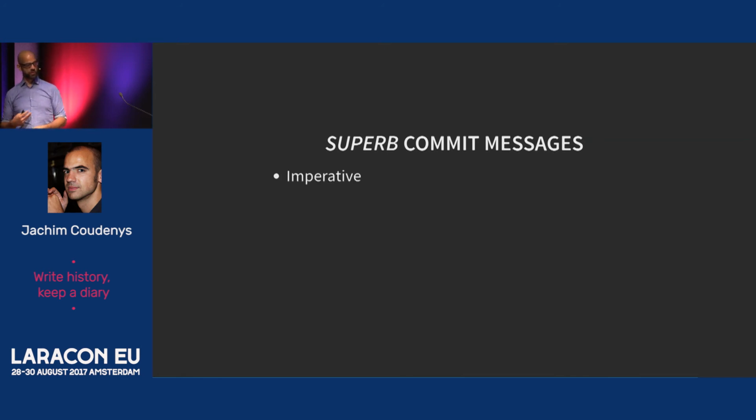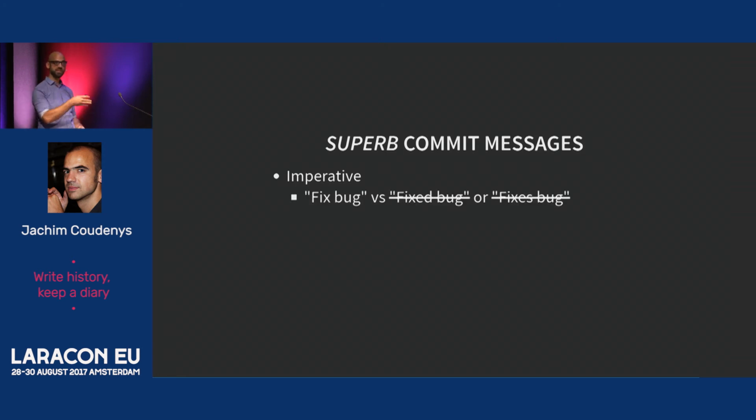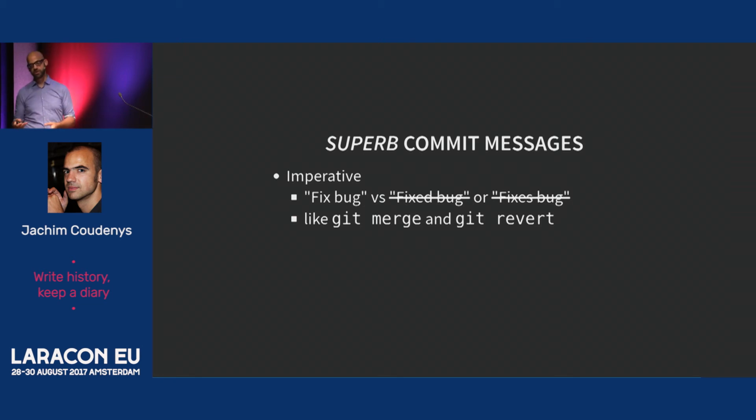So this is a very good commit message. In the commit message, you want to have it in the imperative language, and that's fix bug instead of fix this bug or this fixed bug. It follows the structure that Git is using when it is creating commit messages for you on your behalf.